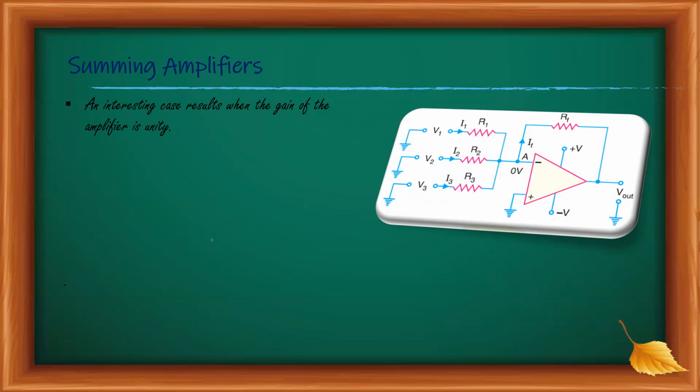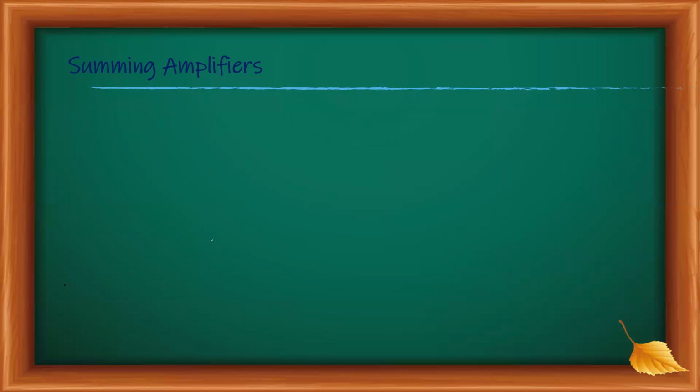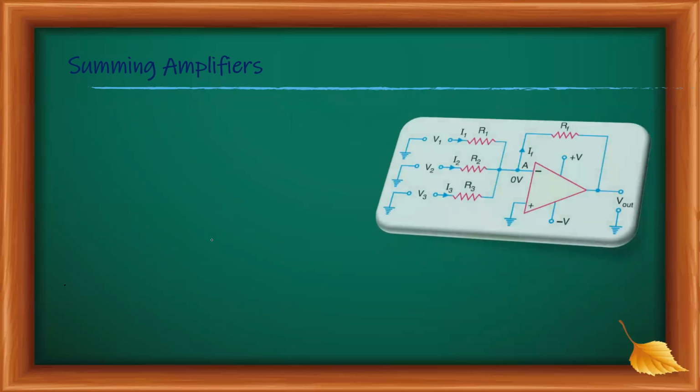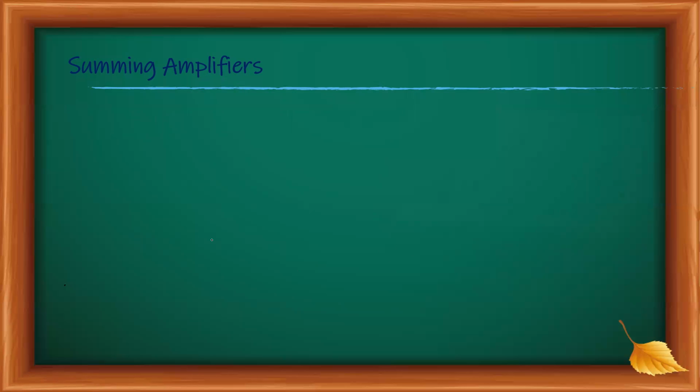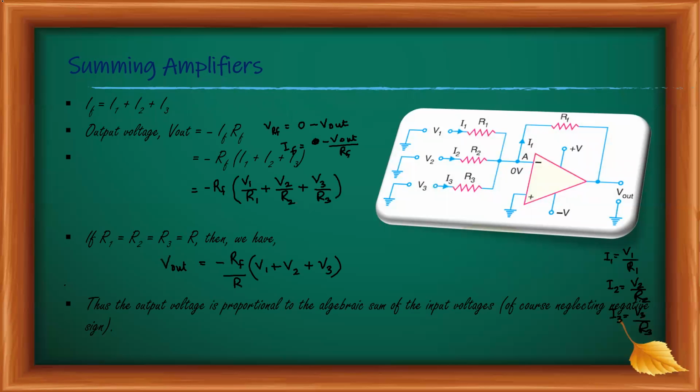To get the unity gain, we must take the RF... we get in the previous session the expression of V out, that is equal to minus RF divided by R into V1 plus V2 plus V3.